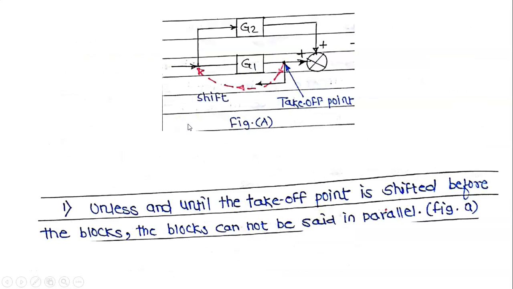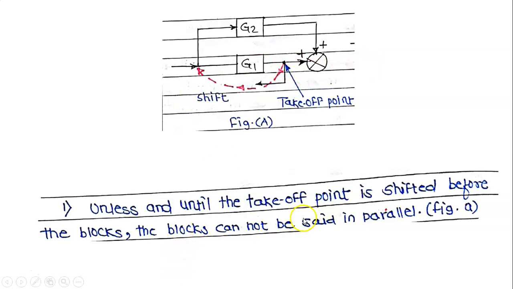Now consider this case. In this diagram it seems that these two blocks are in parallel, but it is not like that, because there is a takeoff point between block G1 and this summing point.